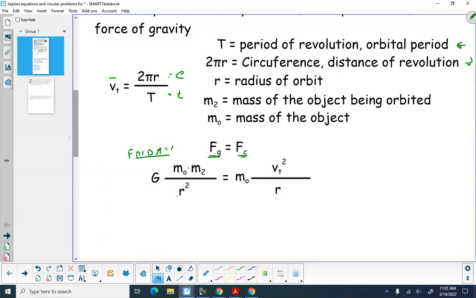We also talked about centripetal force last week. Centripetal force is mass times centripetal acceleration. And how we calculated centripetal acceleration was v squared divided by r.